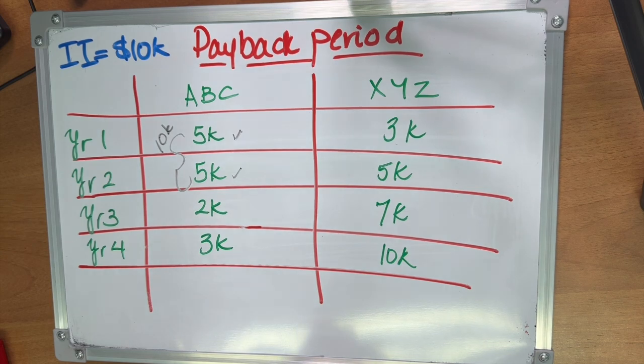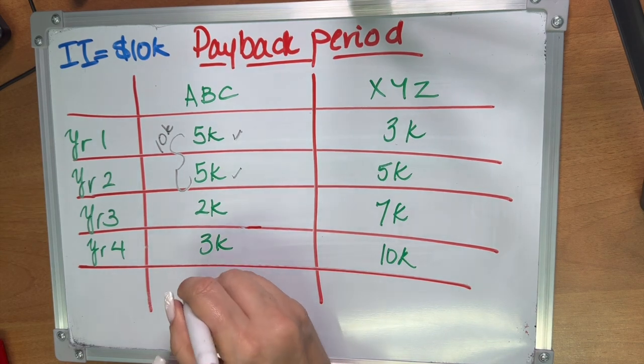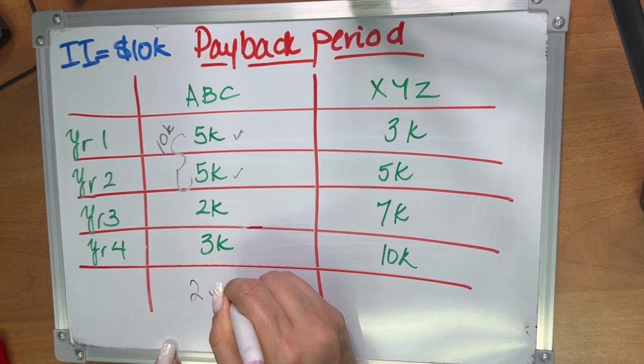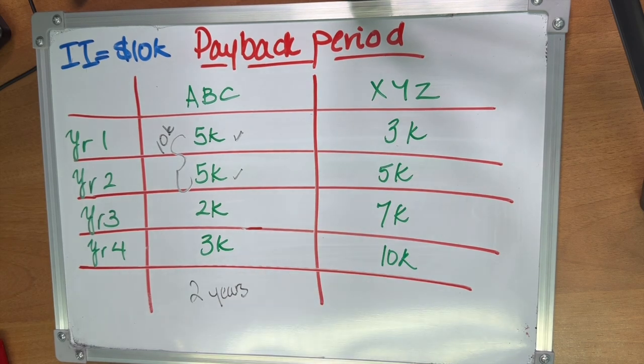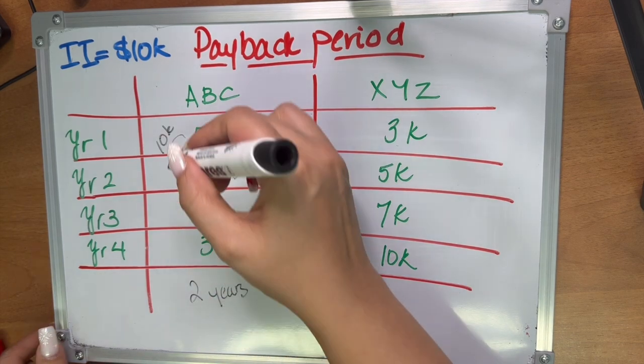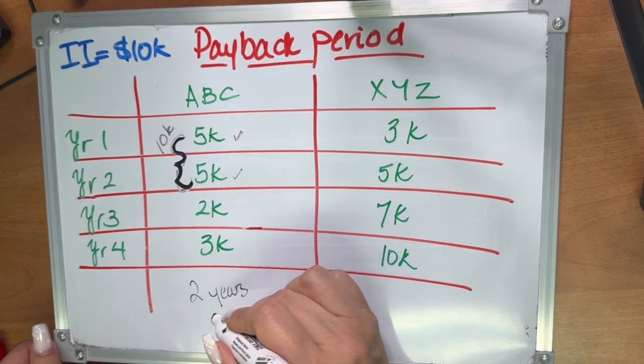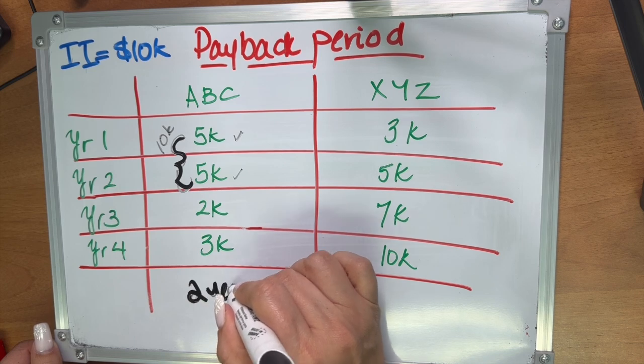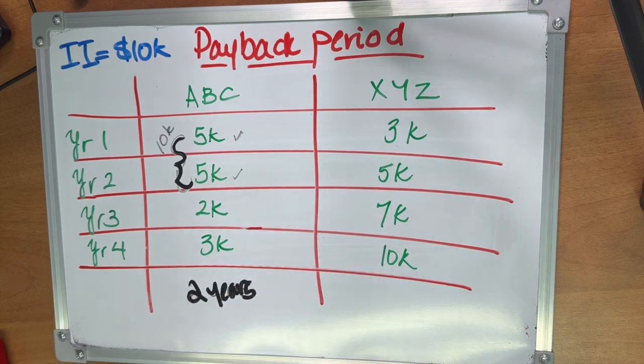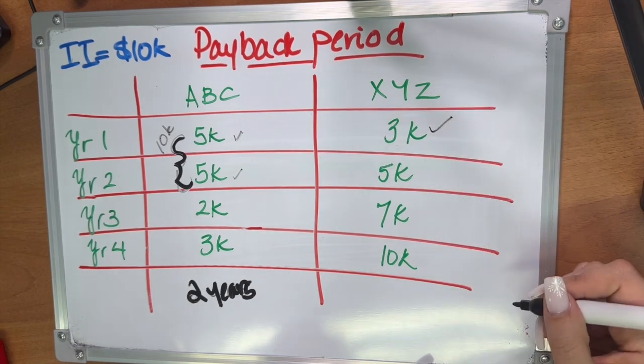So the payback period for ABC is 2 years, because I'm receiving all the money I need back in 2 years, okay? My 10K.